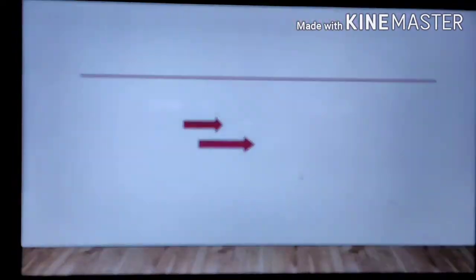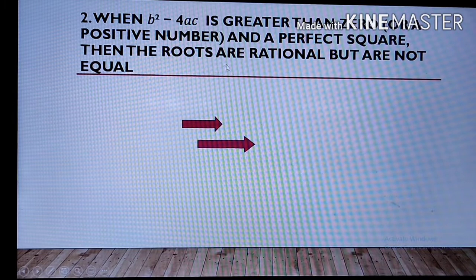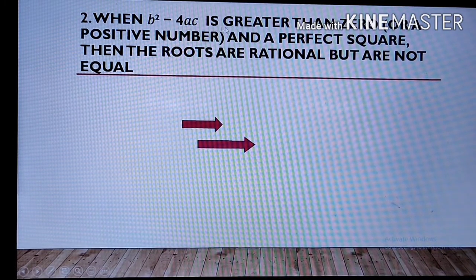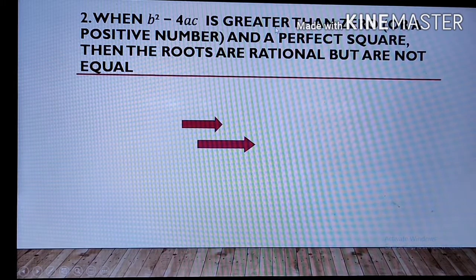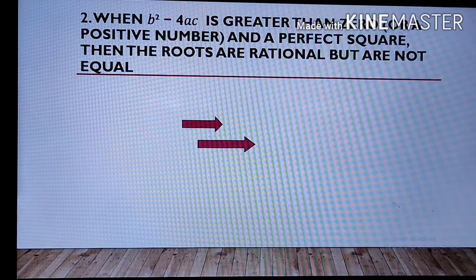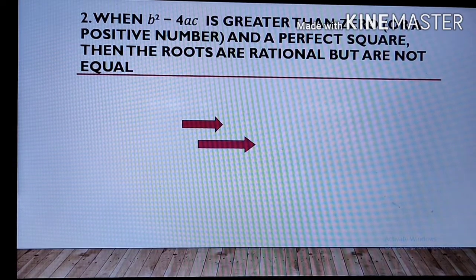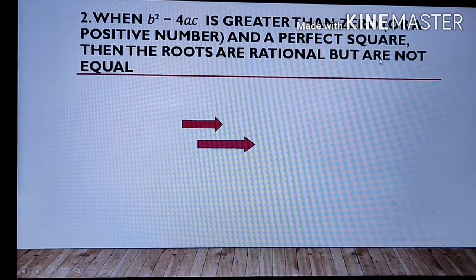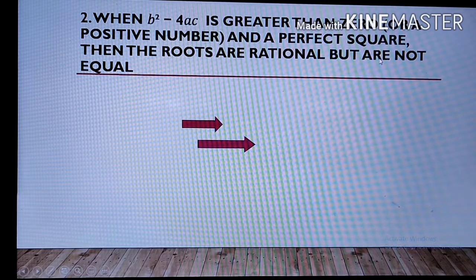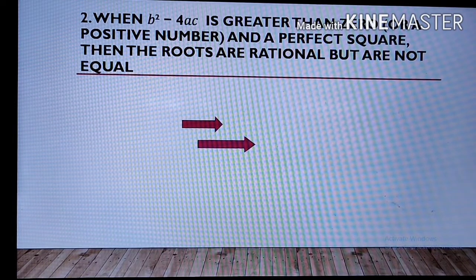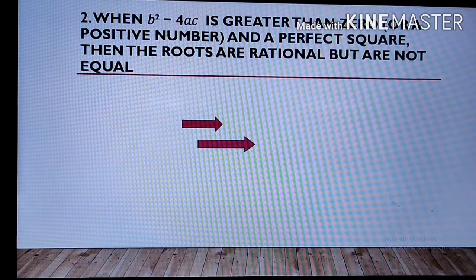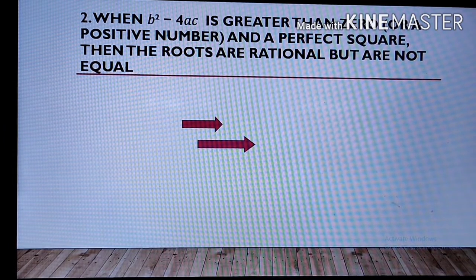Okay, the second that we need to consider, when b squared minus 4ac is greater than 0 or a positive number, ibig sabihin greater than 0, so all positive numbers, and a perfect square. So, dapat daw, if ang value daw ng discriminant is greater than 0, positive number siya, and dapat din perfect square.